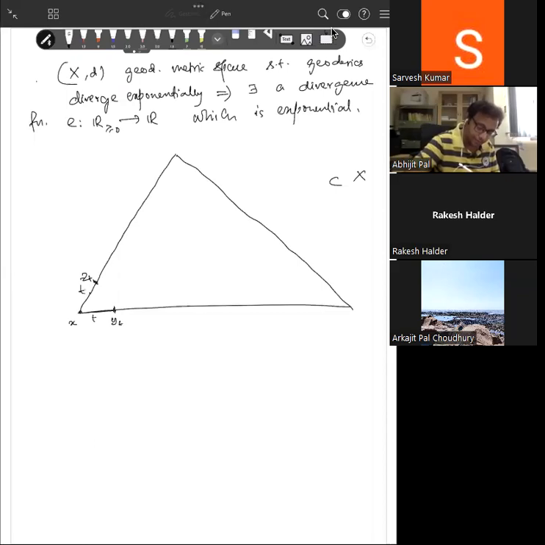Now you vary this t, so this distance will also vary, right? So there will exist some capital T here such that this will be equal to E.